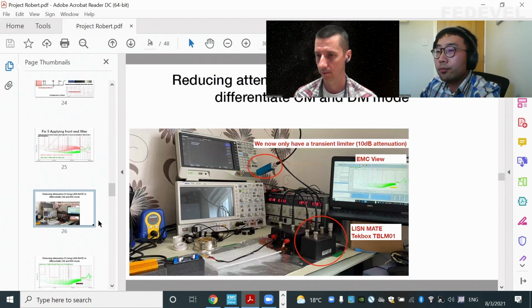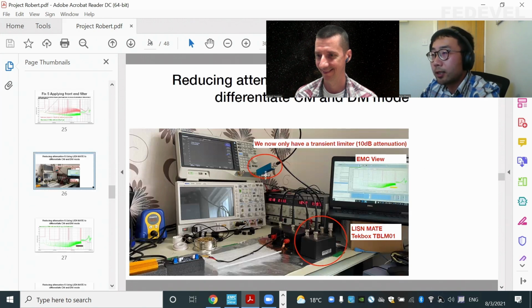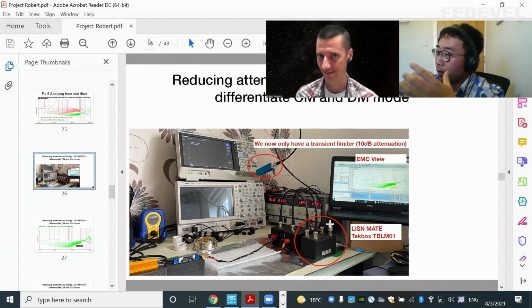Now we're at a stage where I can just use this transient limiter with only 10 dB attenuation, so the result will be good. And I also have this module here, called Listen Mate. When we talk about conducted emission measurement, we often have both common mode noise and differential mode noise, and this module can separate the common mode and differential mode.